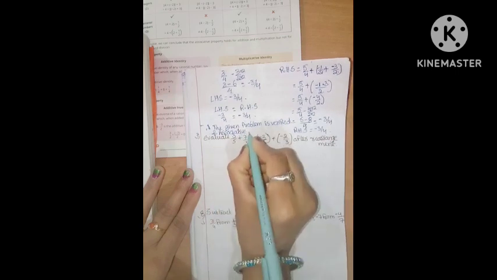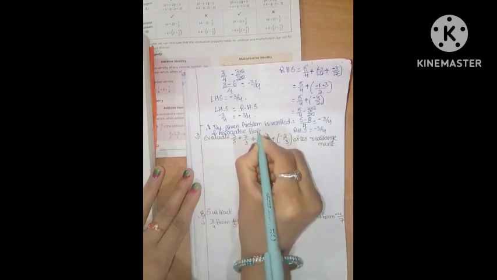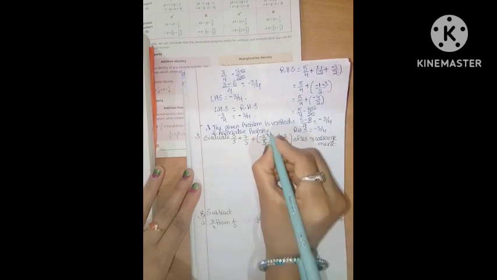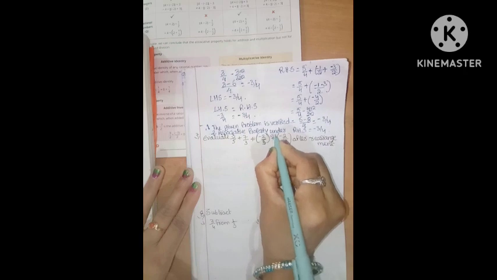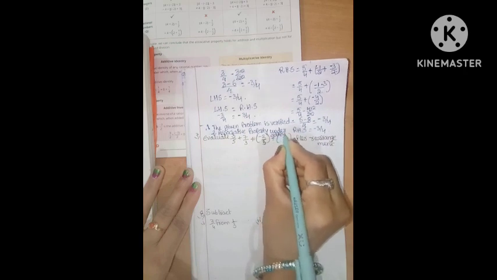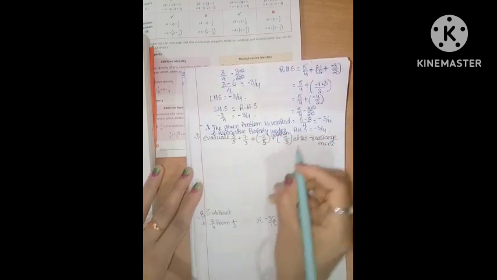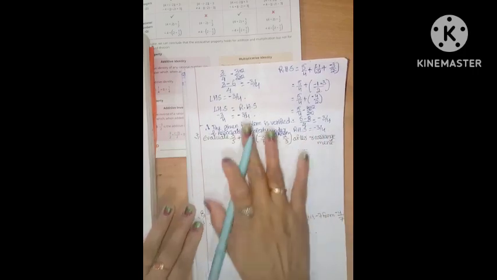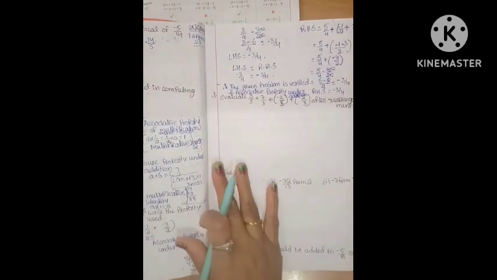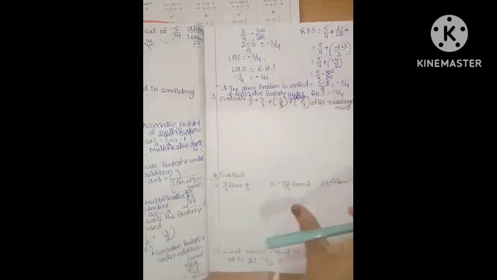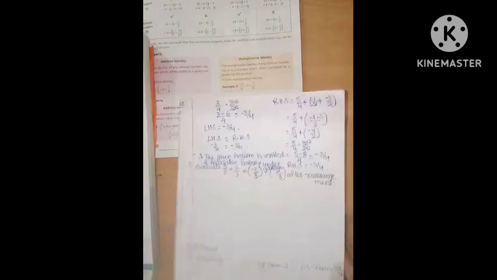Associative property under addition. Okay, the property used is under addition only. Both are equal, so that's why it is verified. And which property is used in this one? Associative property under addition only. So this is the sixth problem solution. It's over. Are you clear?